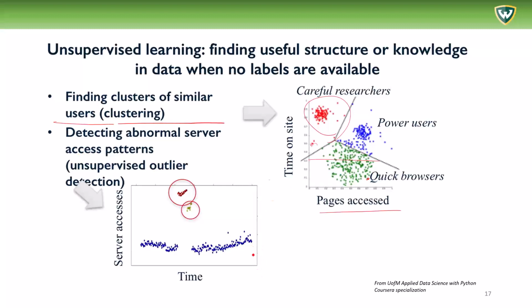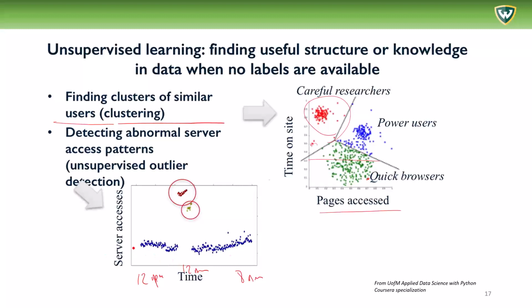Another unsupervised kind of algorithm is outlier detection. So, for example, maybe you run some server with some sensitive information, and you notice that people usually access it at specific times. Let's say this axis is time of day, from 12 a.m. to 12 p.m., something like that.